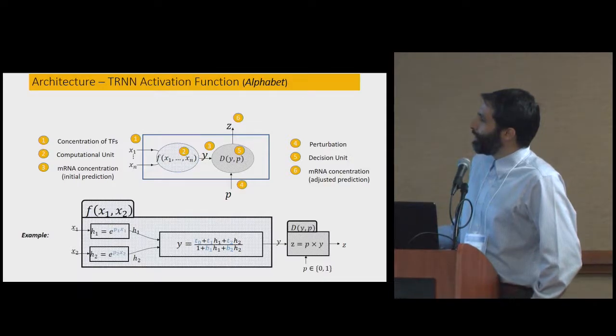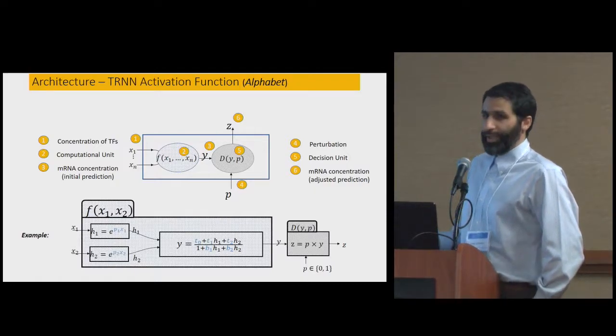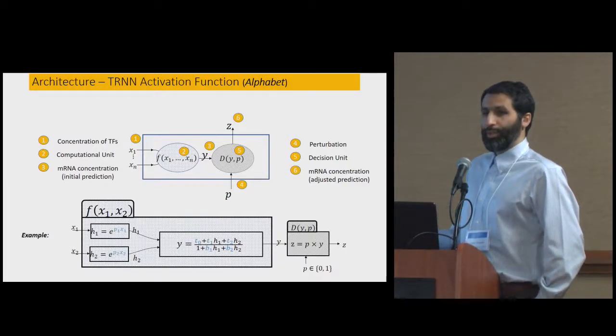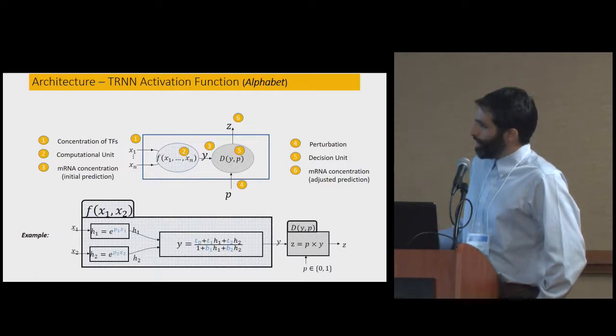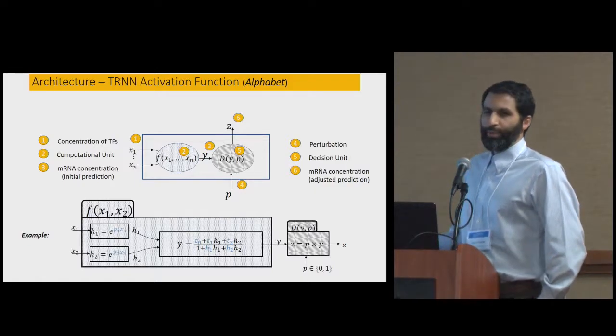And as a final result, this is going to predict the mRNA concentration. So this is the basic building block. As the example that we have right now, a specific function that we use that is working relatively well, is we have such an activation function, and for the decision function, it is a simple multiplication.